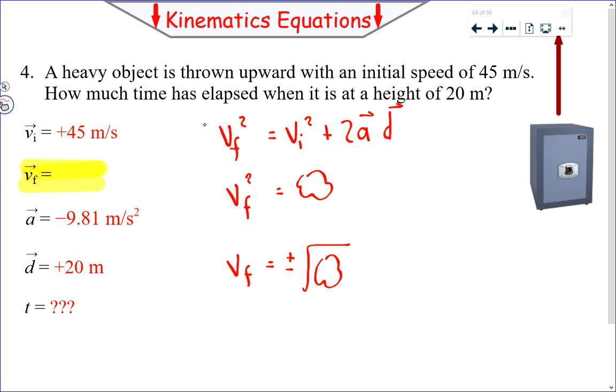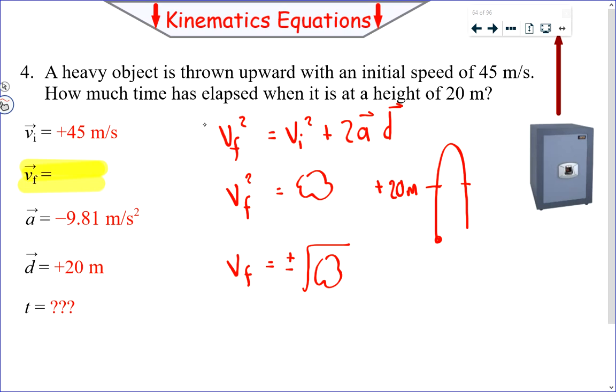And what we discussed in class is when you throw an object into the air, it goes up and then down. So if it reaches a height of 20 meters, there are going to be 2 points in time when it's at that height.